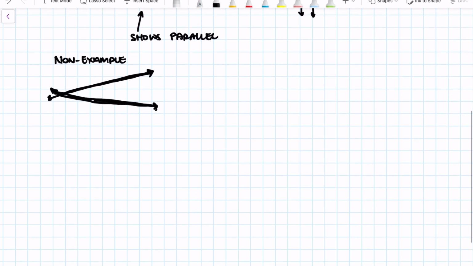Then there is a second word, which is the word transversal. And we could say that this is a line that intersects multiple lines.